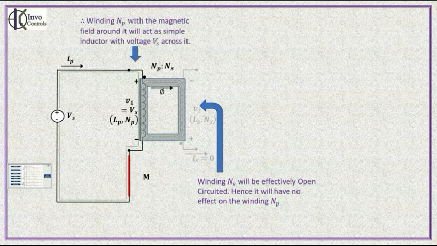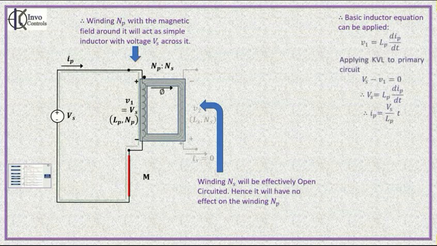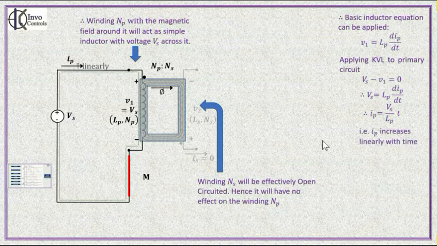This will cause us to consider the primary winding Np with its magnetic field around it as a simple inductor with a voltage Vs across it. So the basic inductor equation can be applied to this circuit, and after doing the basic analytics, we will find that the primary current is directly proportional to time. That is, the primary current increases linearly with time.